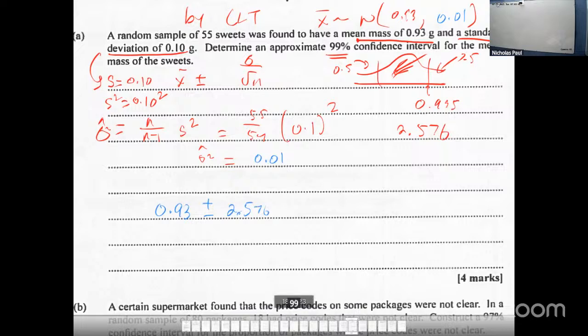Remember you're reading off 0.995. Sigma is the square root of 0.01 all over the square root of 50.